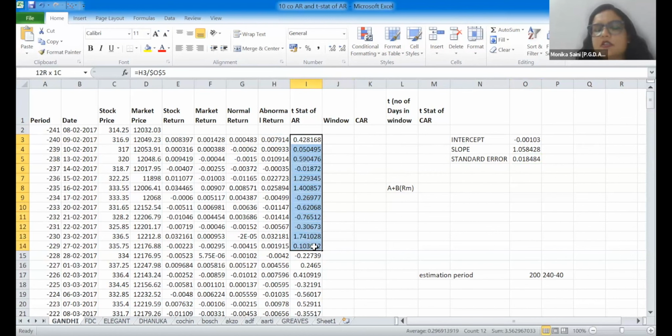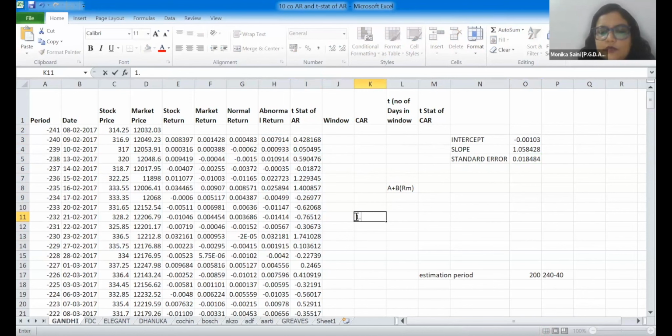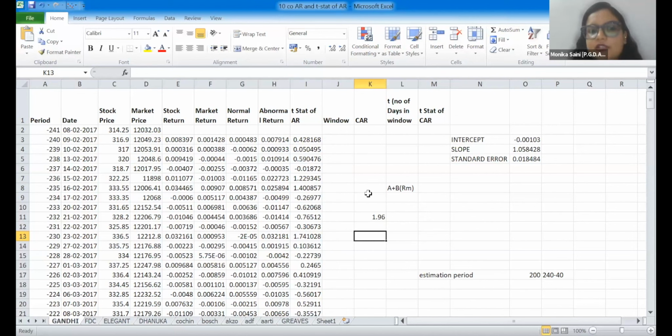interpret these results? We all know that our T value is 1.96, the table T value, the critical value we also call it. So we have to compare this value with 1.96. If it is more than 1.96, positive or negative, we will say that our abnormal returns are significantly different from zero.